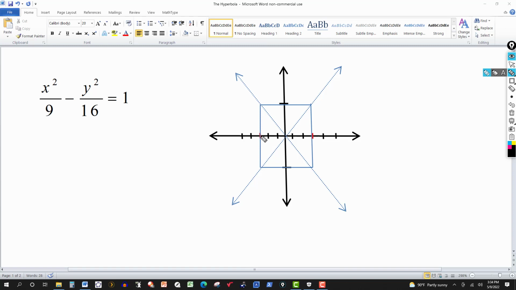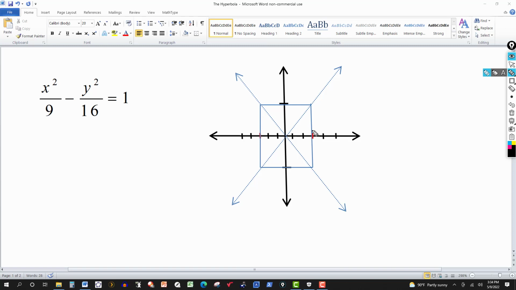Now it turns out that for the hyperbola, and you don't have to do that, but if you want to be more accurate, if you draw this rectangle that I have here, in other words, go up b units. In this case, b squared is equal to 16, so b is equal to 4. So basically I went 4 units up here, 4 units down, and then I draw this rectangle through that point.